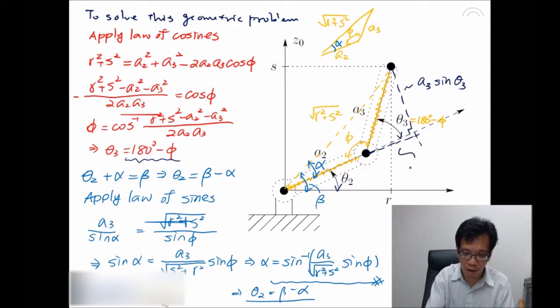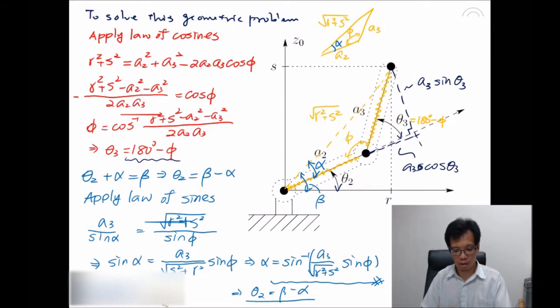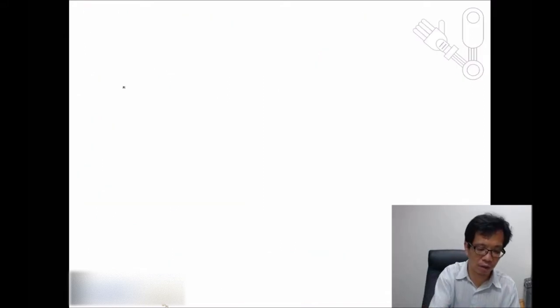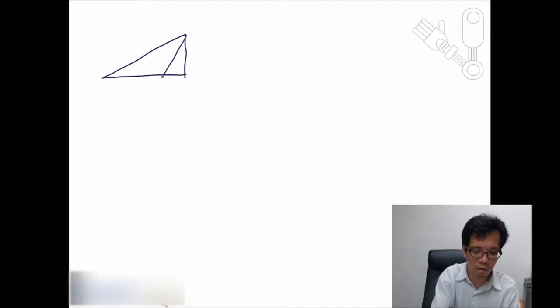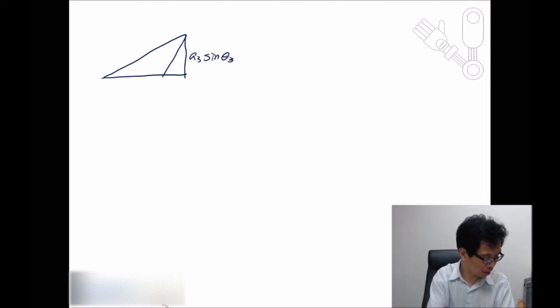This part over here is A3 cosine theta 3. So with this specific configuration, we got A3 sine theta 3 over here.